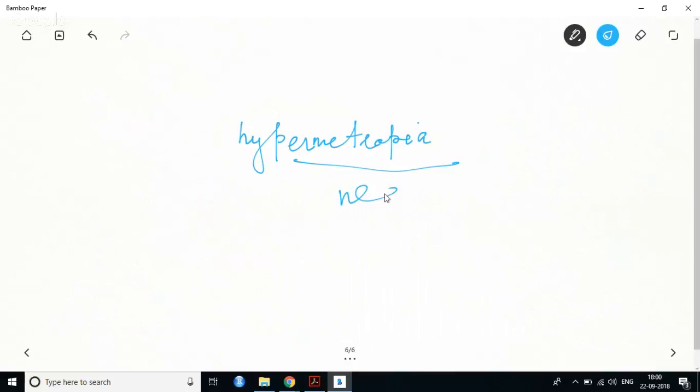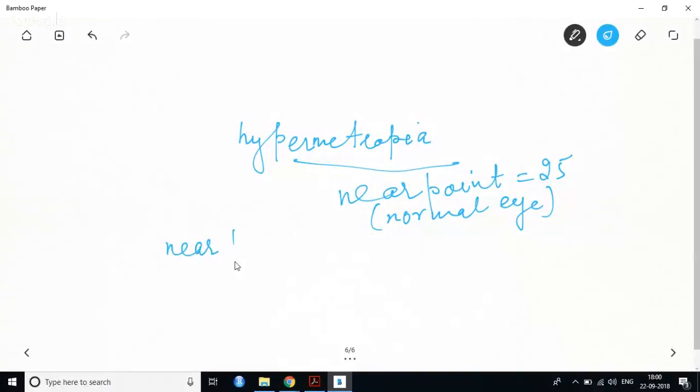So near point, which is 25 centimeter for a normal eye, for this particular person is equal to 1 meter. Now, what kind of lens would be needed?